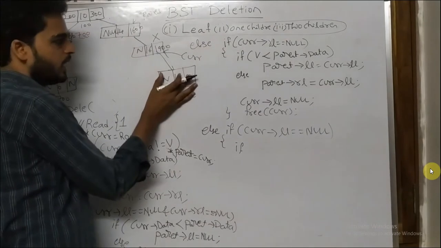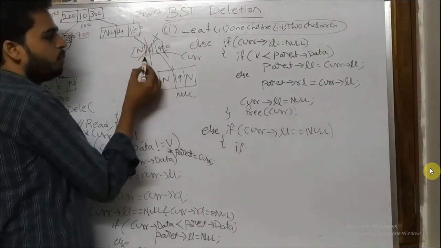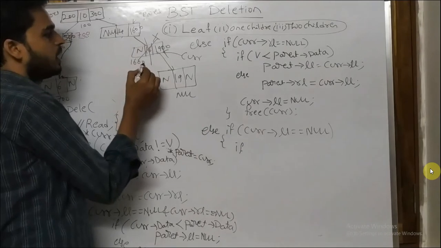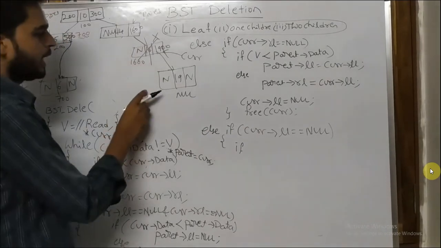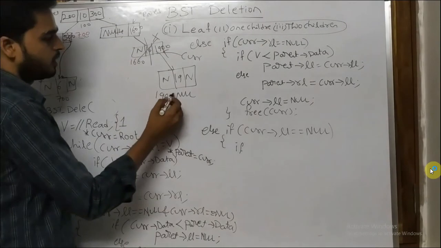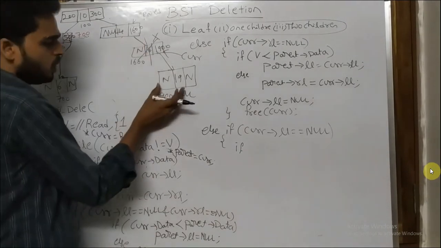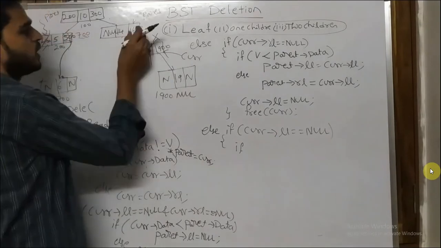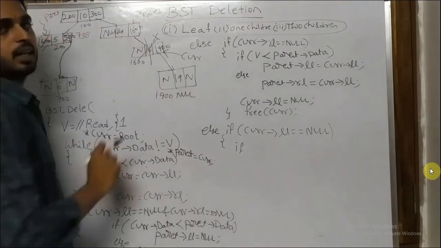When it is having a right child, I need to delete and I need to make this address, this address, should be copied to this particular location, right? If I want to copy this to this particular location, whether on the left side or the right side, that you need to decide.